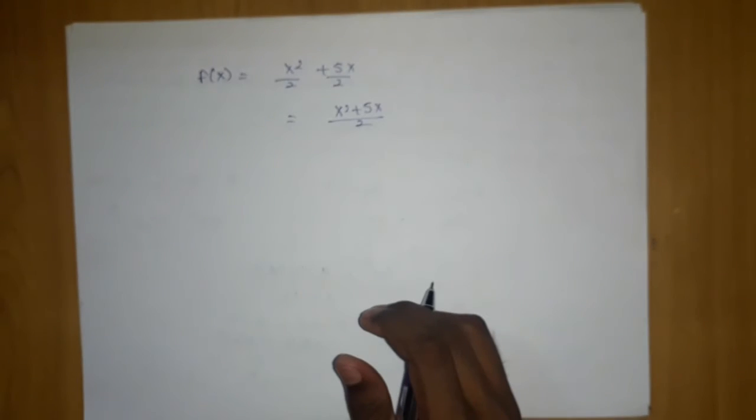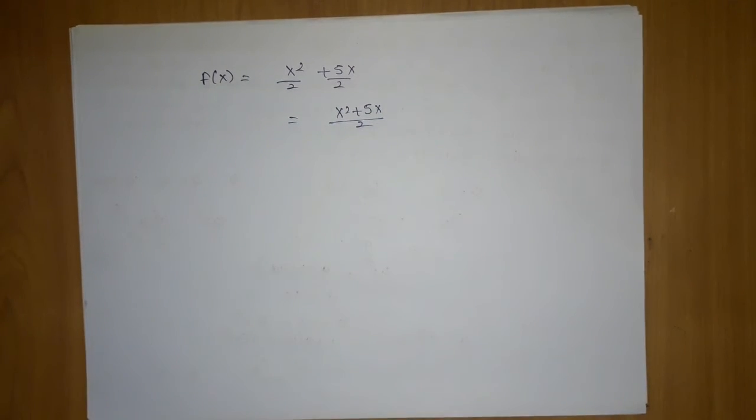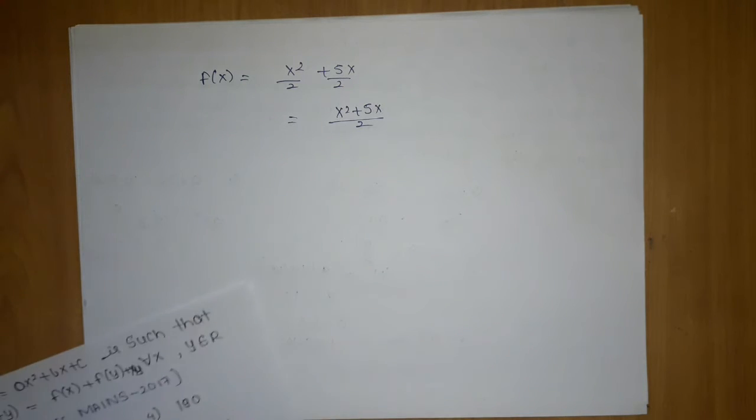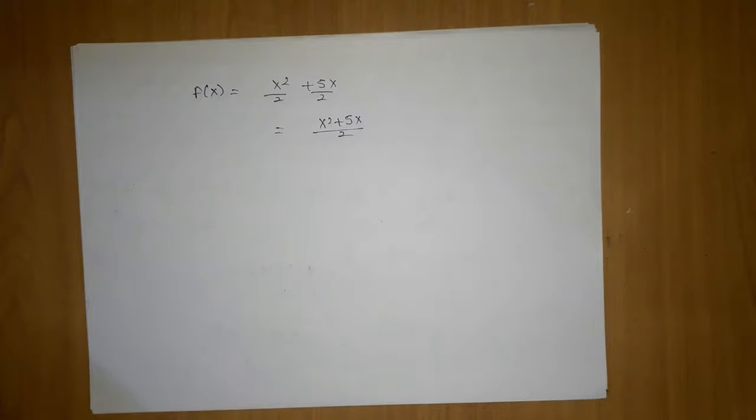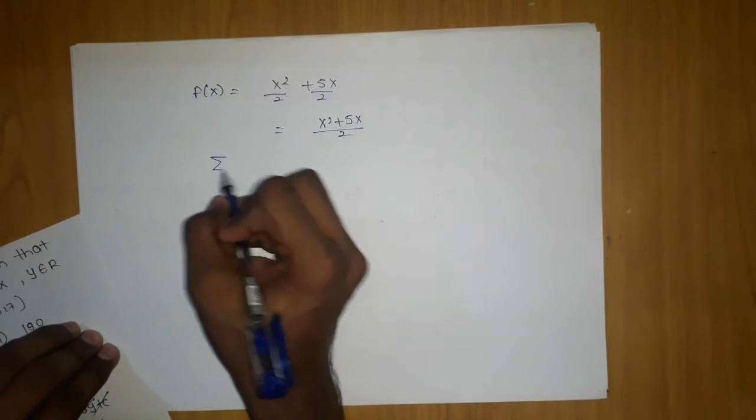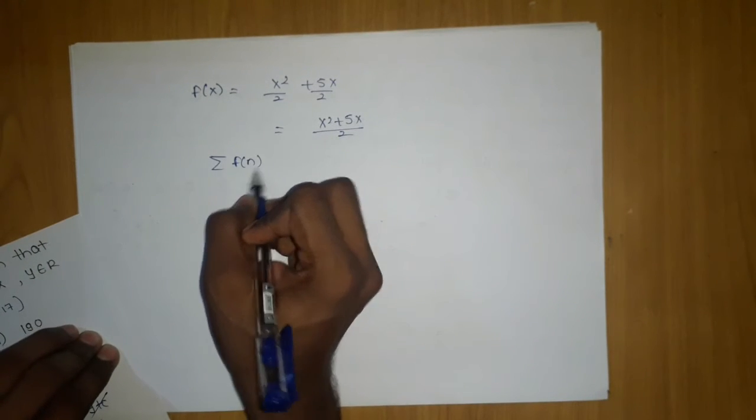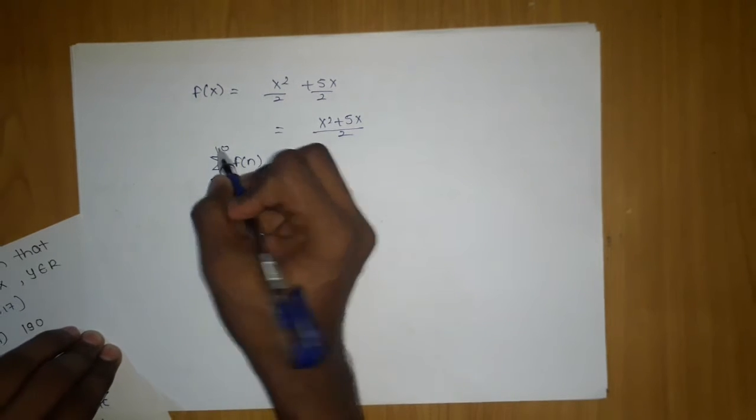Now what I want is the summation. Let me get the page. What we want is the summation of f of n from n equals 1 to 10.